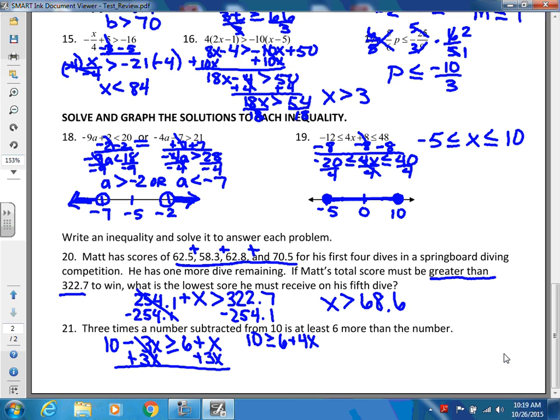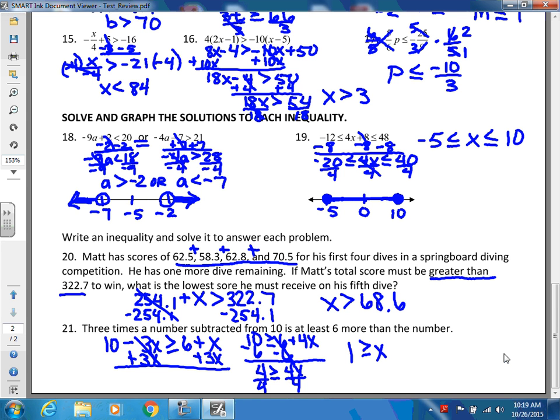You're at a 2-step, so now subtract your 6, and then take 10 minus 6, which is 4, is greater or equal to 4x. Divide by the 4. So now you're going to have 1 is greater or equal to x.